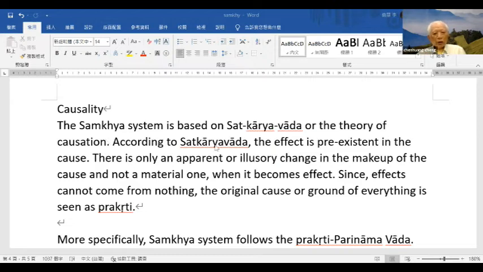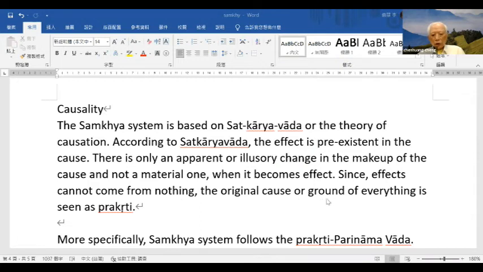According to Karyavada, the effect is pre-existent. Pre-existent means it exists already in the cause, but in latent and manifest form. There is only an apparent or illusory change in the make-up of the cause, and not a material one, when it becomes effect, since effects cannot come from nothing.